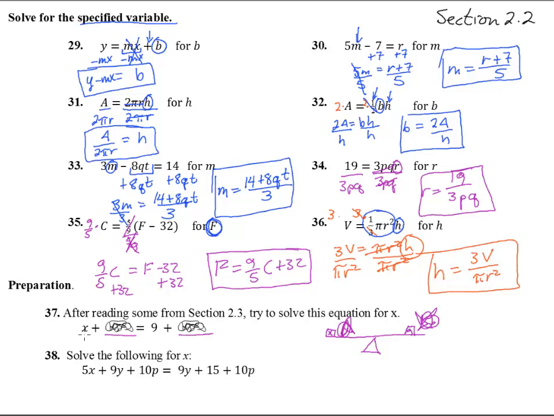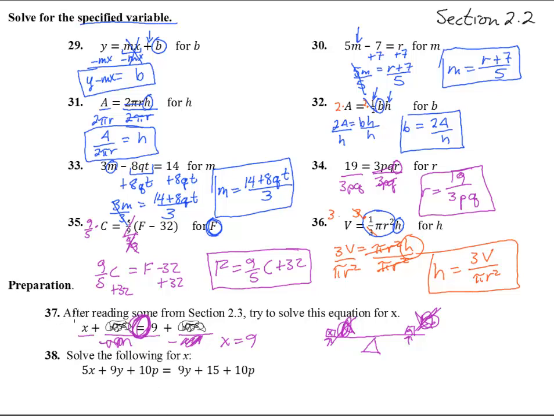Can we tell what x has to be to make this thing true? Well, yeah, x has to be 9 for this to balance. This guy has to weigh exactly the same amount as that guy. And we do that by saying, hey, we could just subtract off the blah, blah, blah. X equals 9.